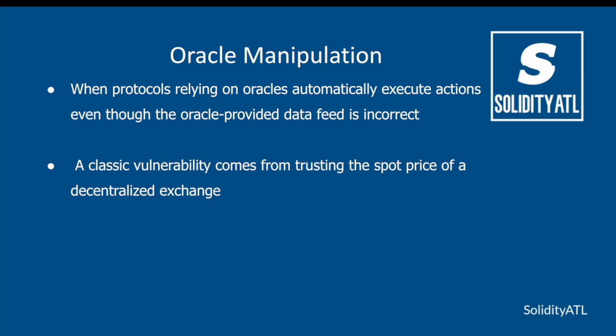I won't say it's artificial, because it actually is a change in price, but contracts may not react appropriately when the price has changed drastically. So it's best to use time-weighted average price. That way you can protect yourself against these oracle manipulation types of attacks.